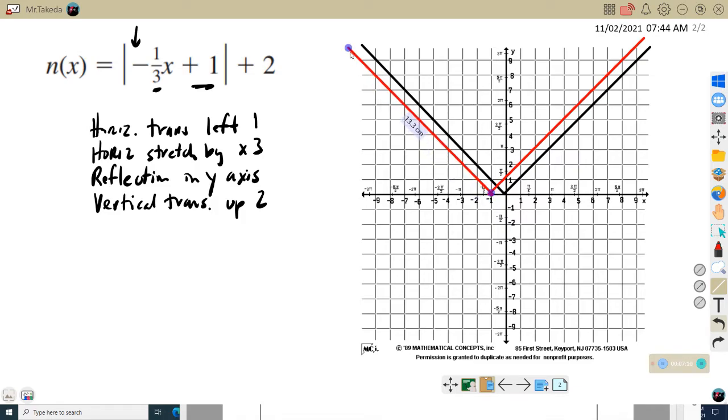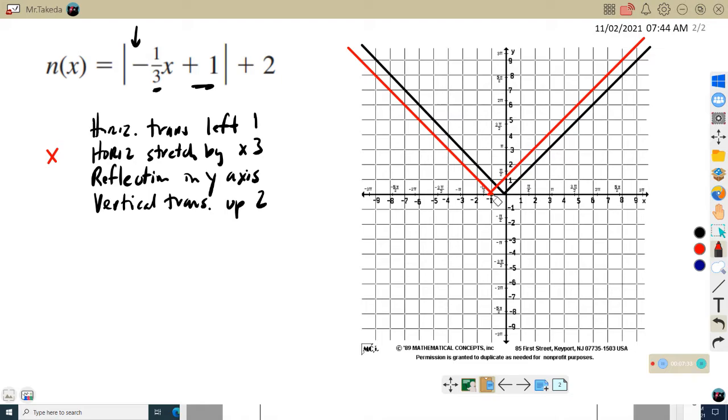It's going to go there. And then a horizontal stretch by a factor of 3. Horizontal now means x-axis. These are my x's. So my x's are going to be multiplied by 3. So let's find a couple of good x values here.